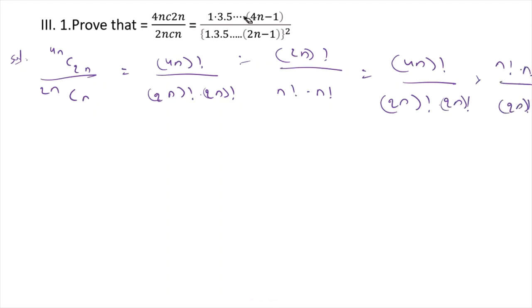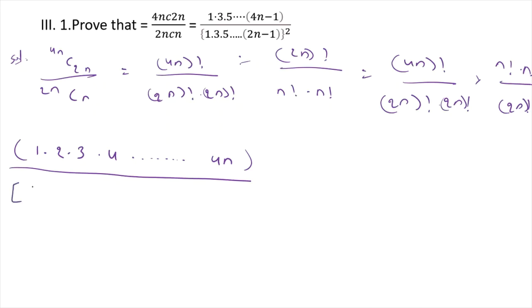So in the RHS we have the product of odd terms both in the numerator and denominator. So first let us try to expand this 4n factorial. I am expanding in the reverse way, so 4n factorial I can write as 1 times 2 times 3 times 4 so on up to 4n. So before 4n I will have 4n minus 1, upon 2n factorial.